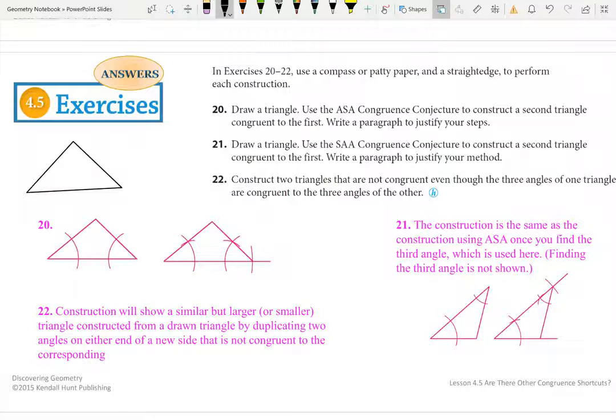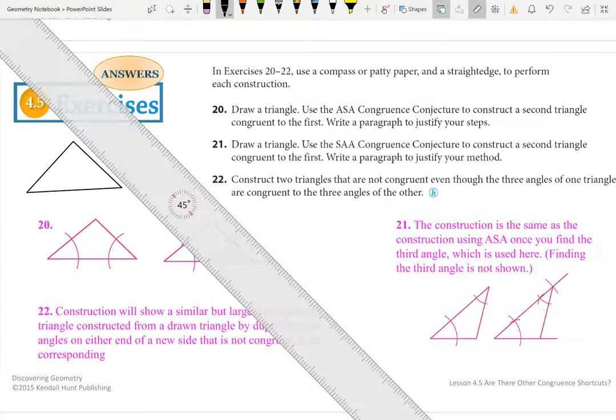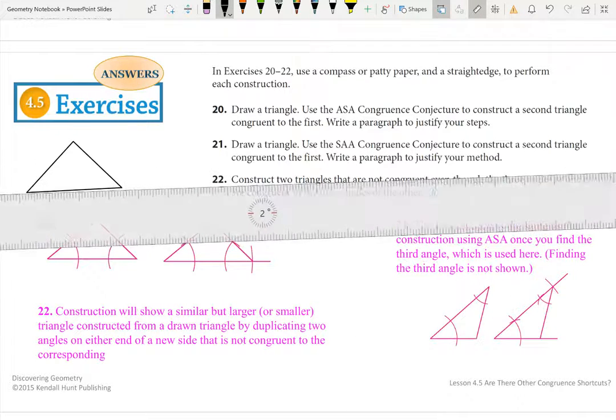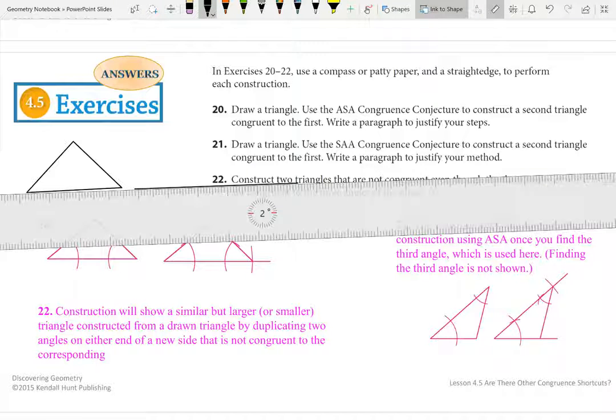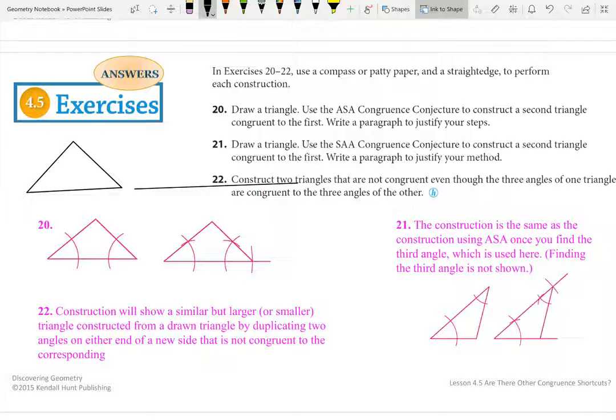Okay. You're going to then duplicate that triangle using angle, side, angle. So I'll just draw a really long line. And then you're going to, with a compass, put one end here and the other end here. And then duplicate that.